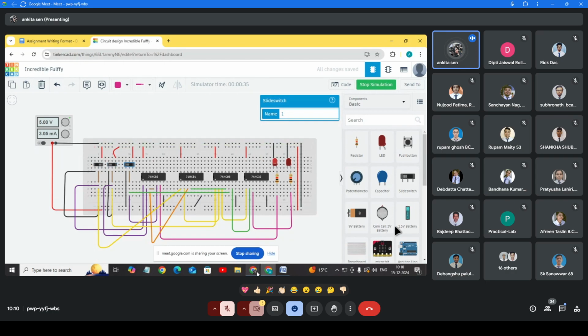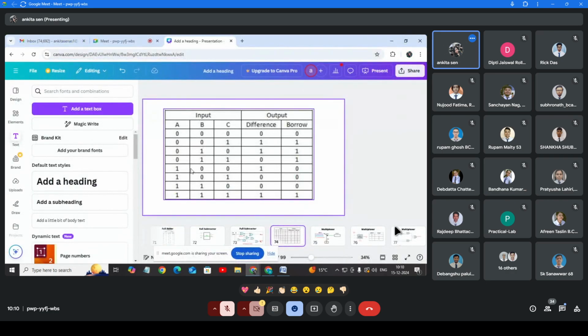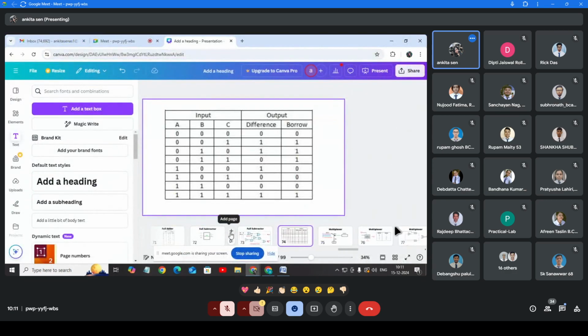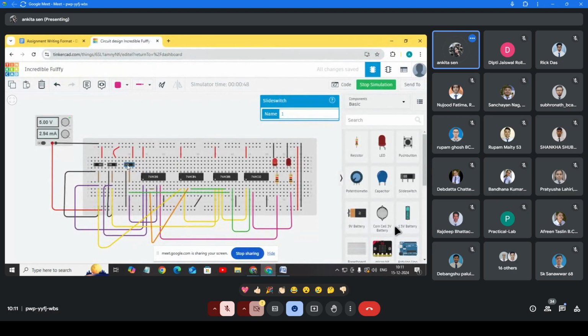Hmm. Satisfied. Correct. A and C one. Hmm. 0 0. Correct. A and B one. 0 0.